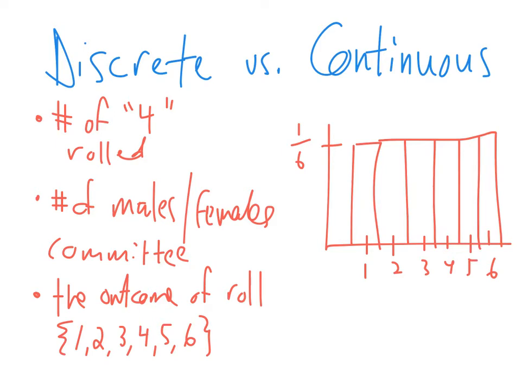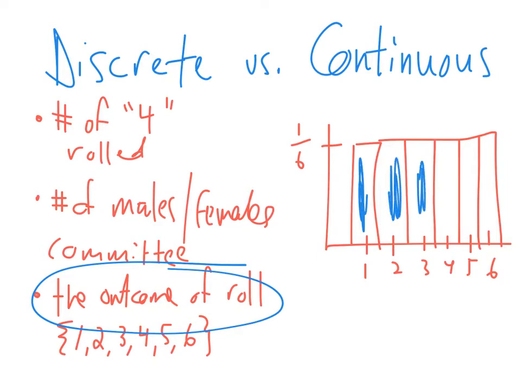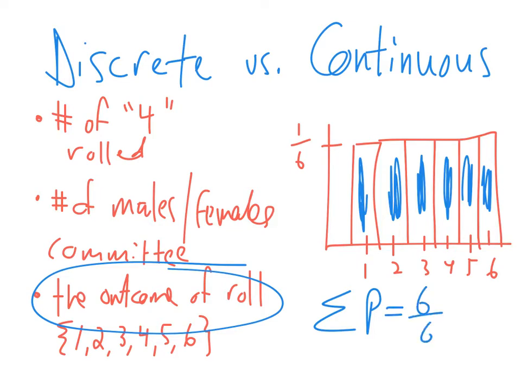So there's a quick probability histogram for the outcomes of a roll from a six-sided die, and whether you roll a 1 or a 2 or a 3 or a 4 or a 5 or a 6, you have a probability of 1/6 for that occurring. And the sum of all these probabilities, if you notice, is 6 out of 6, which is 100%, which shows that the distribution is complete.